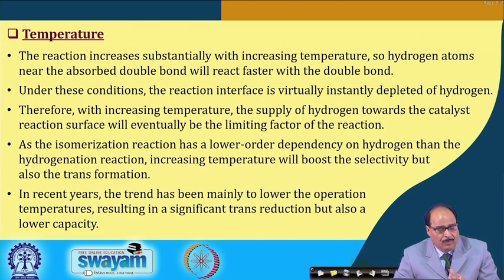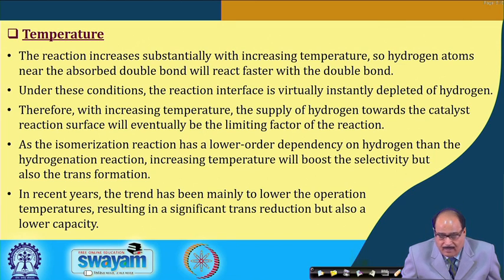Therefore, with increasing temperature the supply of hydrogen towards the catalyst reaction surface will eventually be the limiting factor for the reaction. So, that should be taken care of, as the isomerization reaction has a lower order dependency on the hydrogen than the hydrogenation reaction.